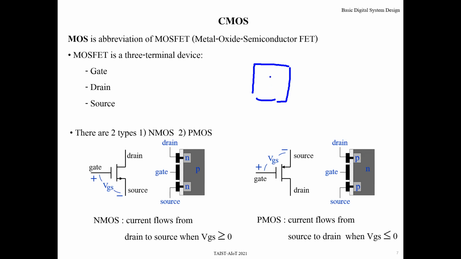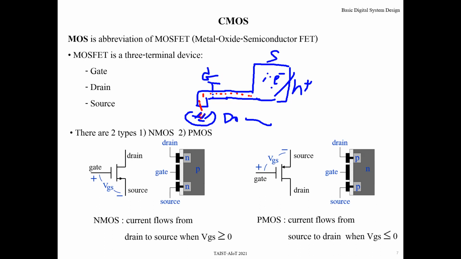Source of carrier, maybe electron or hole. It's like water in the tank. And then we have gate to control amount of water or amount of carrier to flow to the drain. Okay, source, gate, and drain.